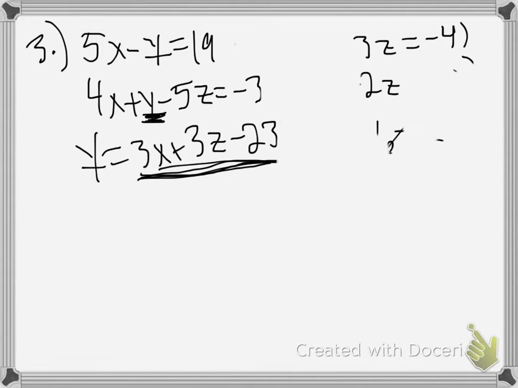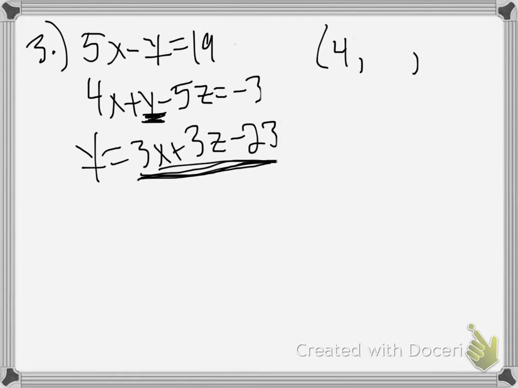So I'm going to go ahead and put those into my triple. x is 4. I don't know y yet. z is 4. Now I can just plug these in. I'm going to plug them into this third equation because it's already solved for y.